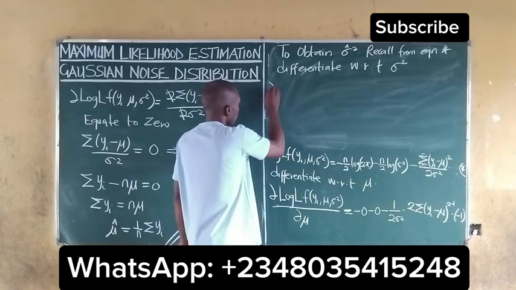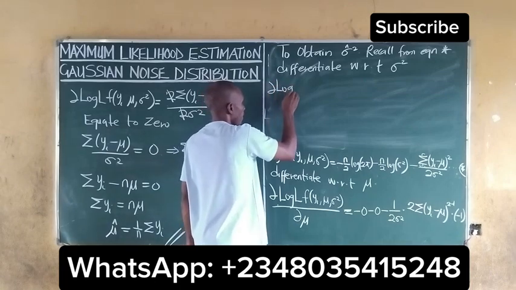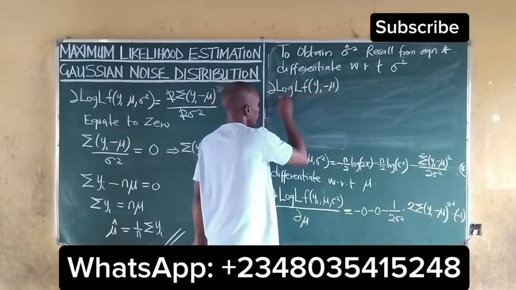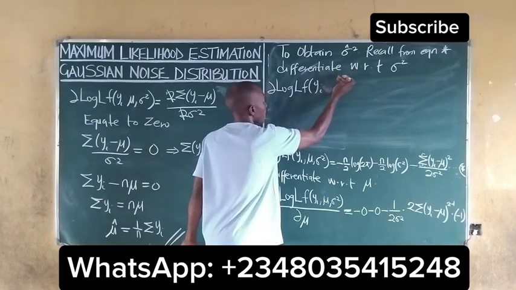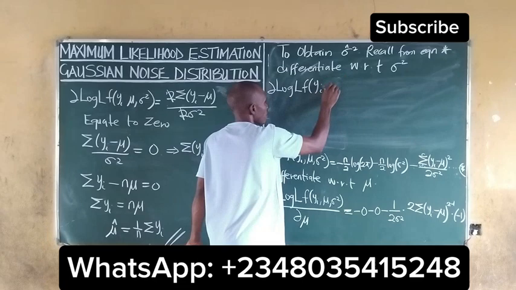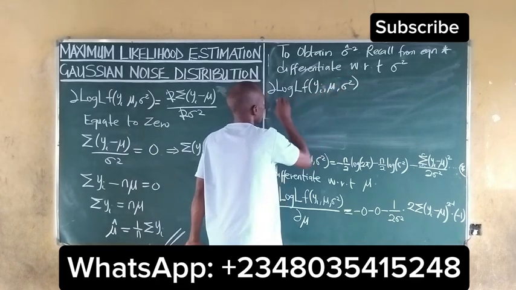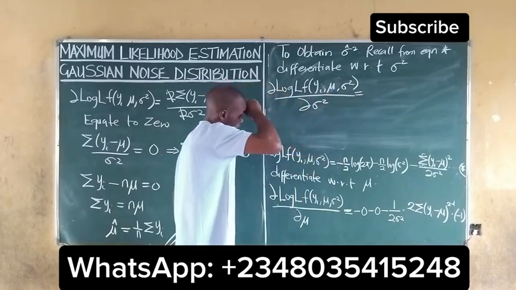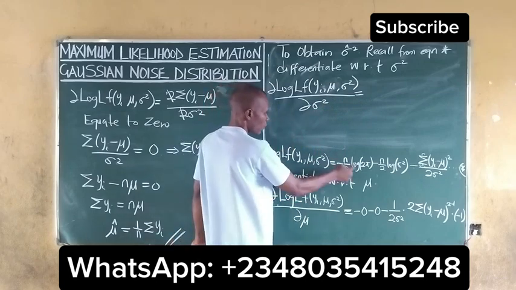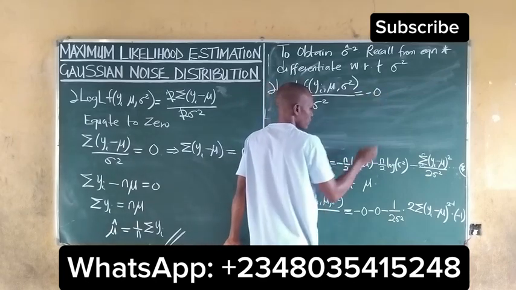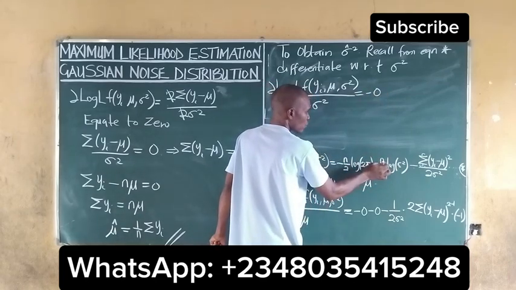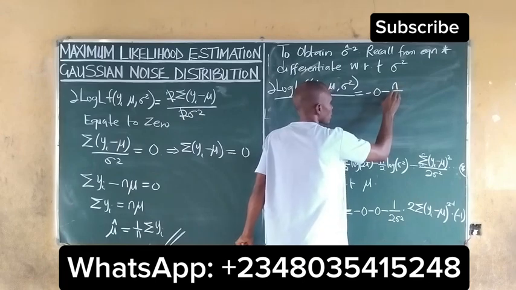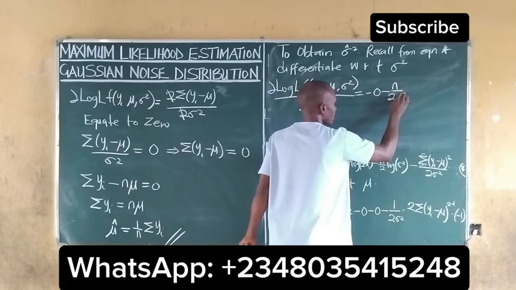So we have the differential of the log likelihood function of yi, mu and sigma squared, all over sigma squared. We are differentiating with respect to sigma squared to find our estimate. If we differentiate this, we have negative n all over 2 sigma squared.